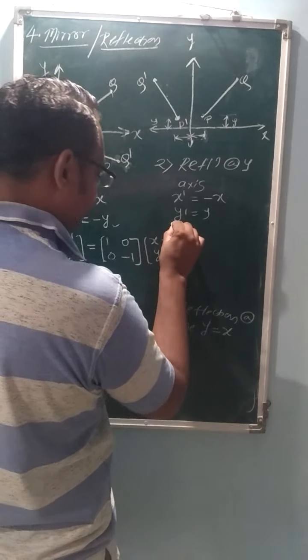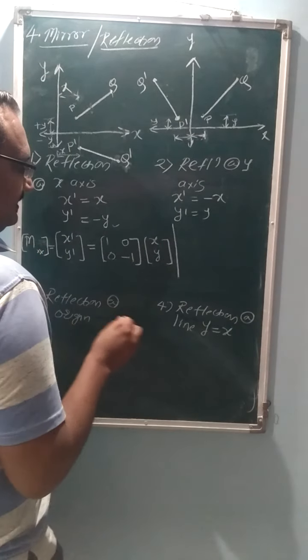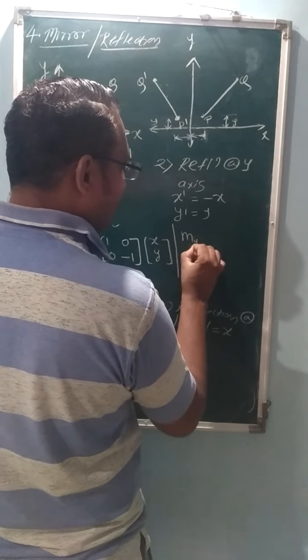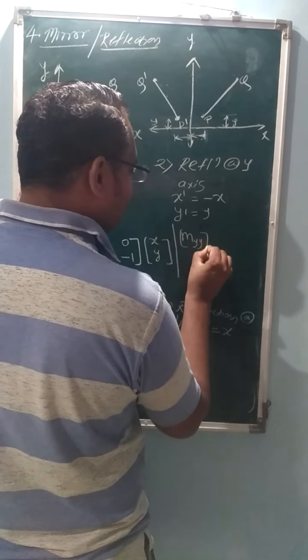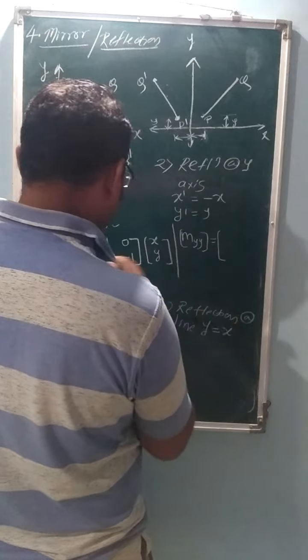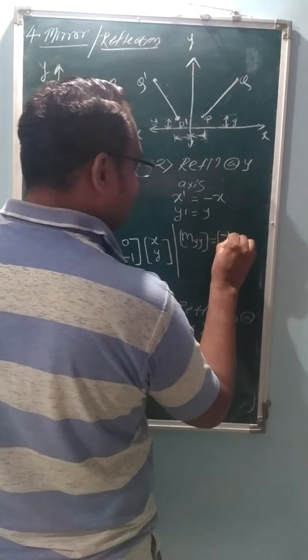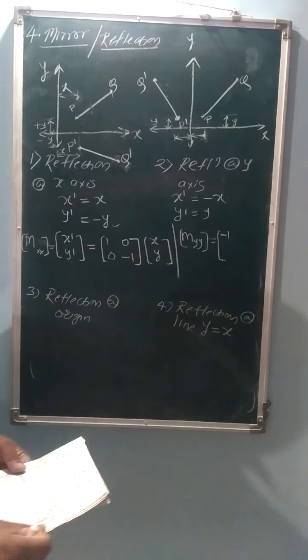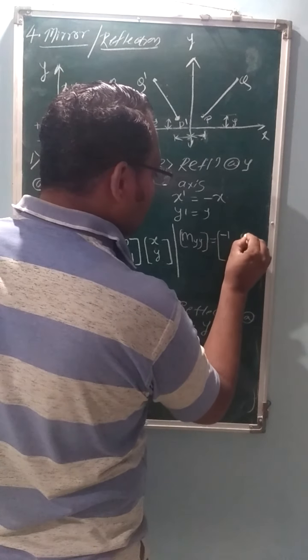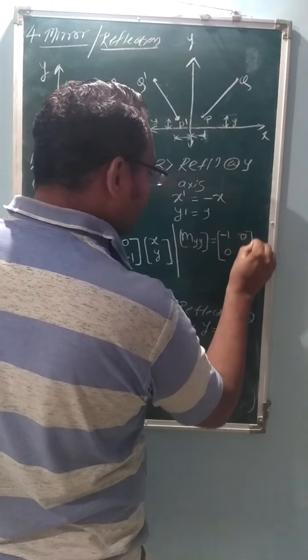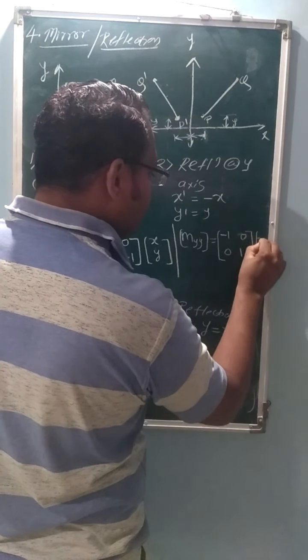Therefore the matrix about y-axis becomes minus 1, 0 and 0, 1, and this one is x and y.